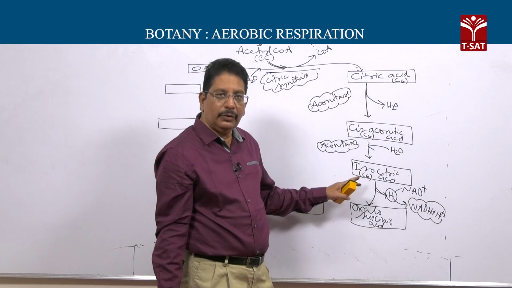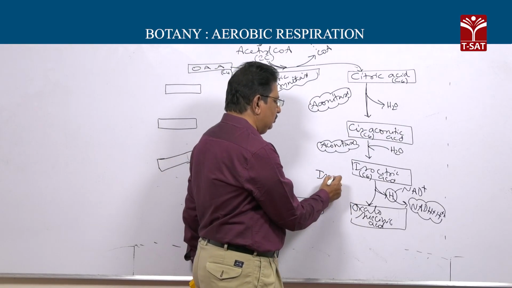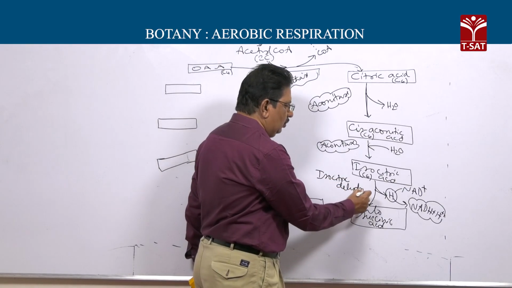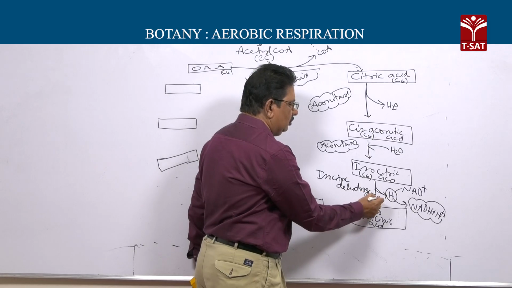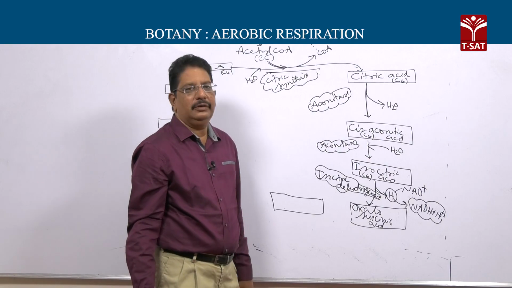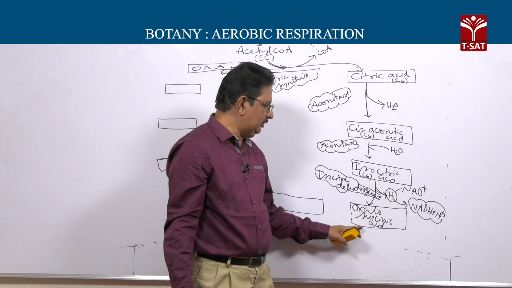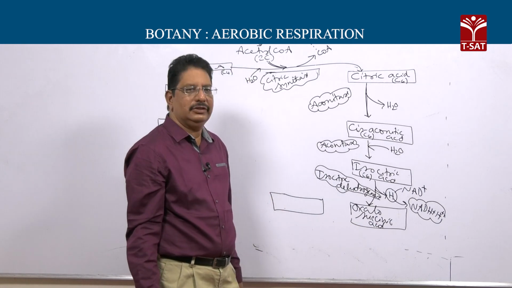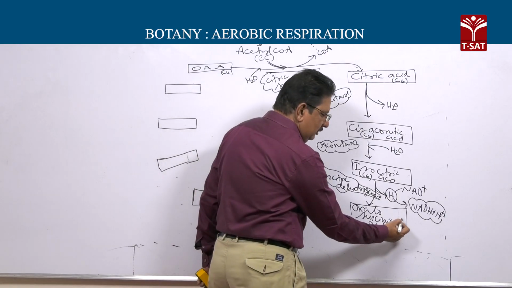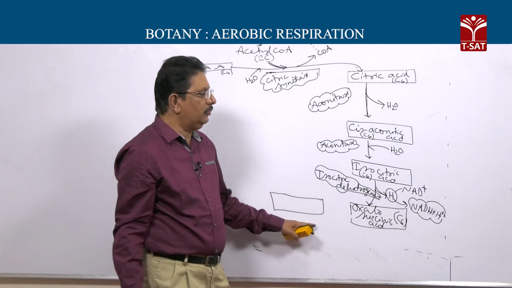This process is catalyzed by an enzyme called isocitrate dehydrogenase. So isocitrate dehydrogenase is the enzyme which catalyzes the conversion of isocitric acid into oxalosuccinic acid. Here all hydrogens are removed, but not carbons, hence oxalosuccinic acid is one more C6 compound.